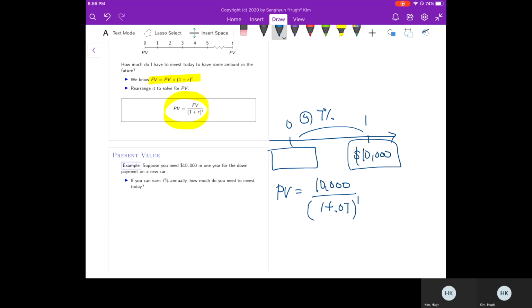So you get $9,345.79. Okay, so that's how much you need to invest today in order to have $10,000 a year later.